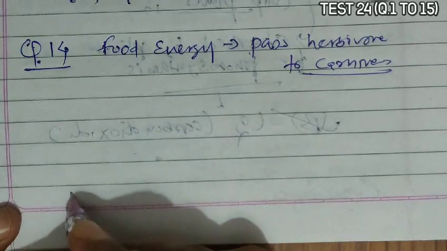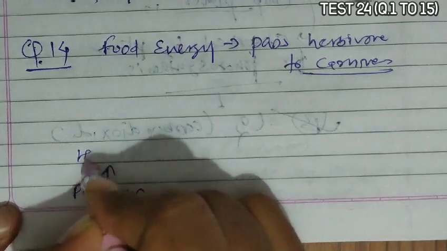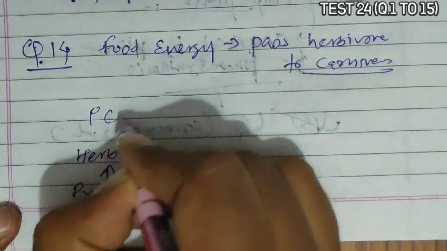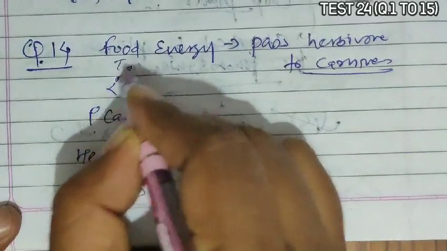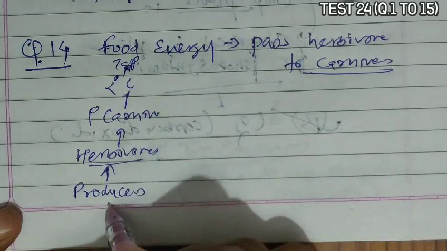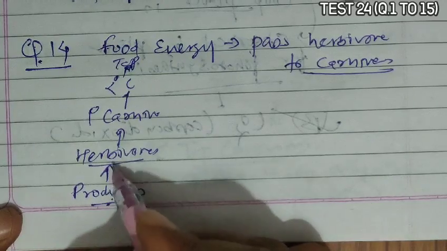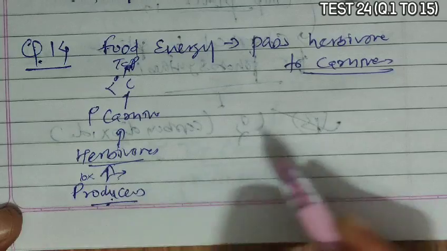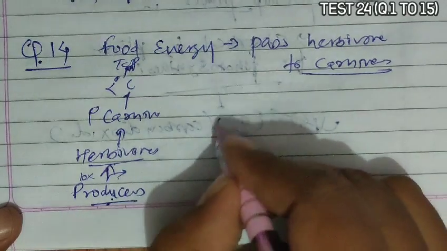So you should understand that there is a producer at the basic level, then there are herbivores, then primary carnivore, then secondary carnivore and top carnivore. Now in this what happens, herbivore will eat producers but it will not completely eat them and all energy will not reach the herbivore. Only 10% reaches the herbivore and the remaining will be lost. So some energy is decreased.